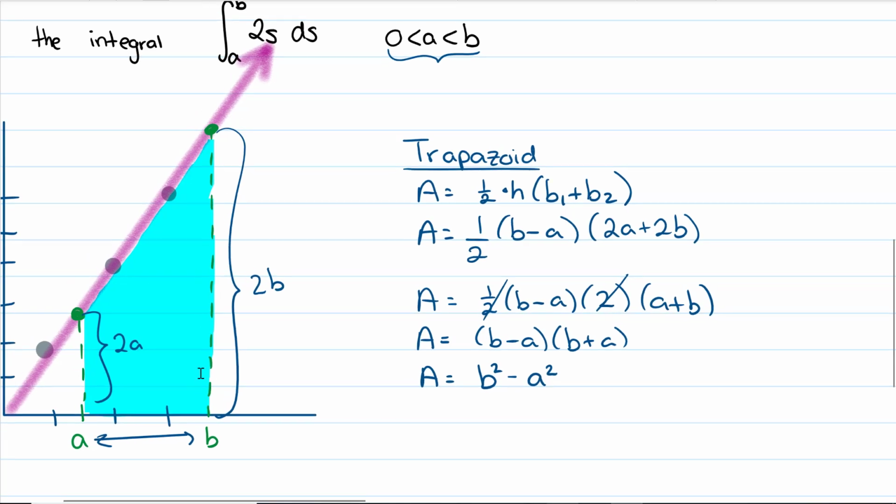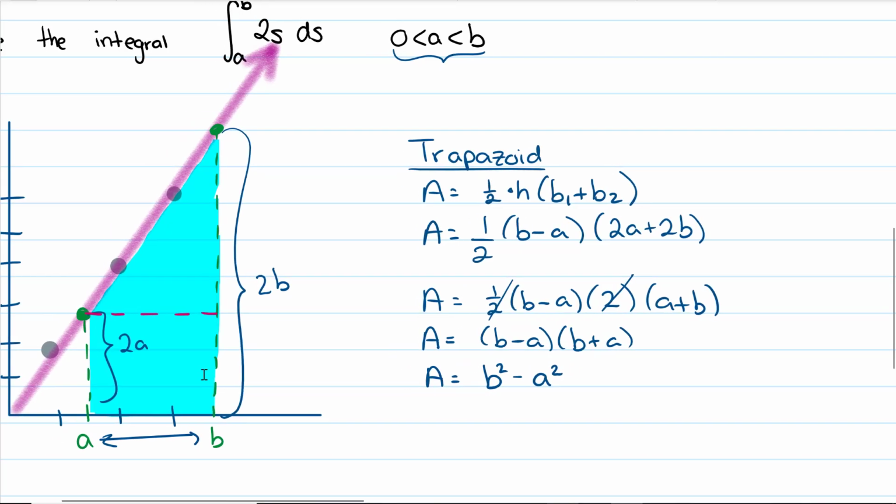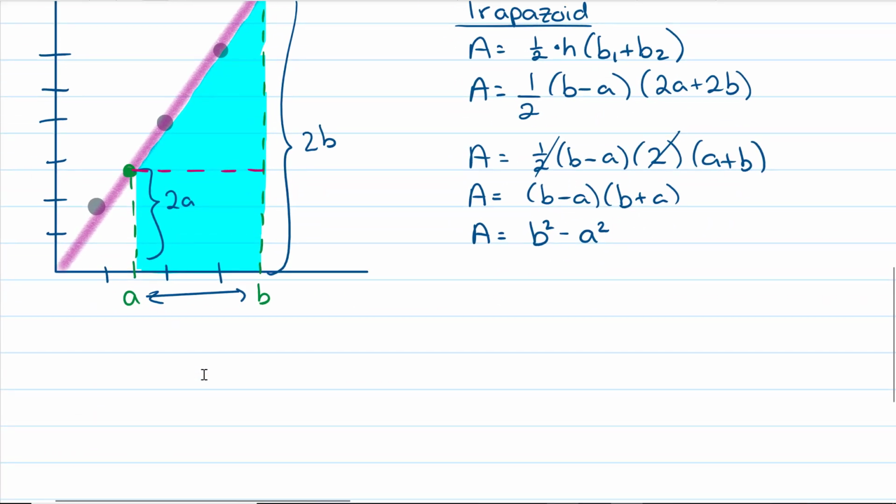Now there is another way to do this problem, and that is to turn this into two shapes, one rectangle and one triangle. And if you do that, we'll call this the two-shape way.